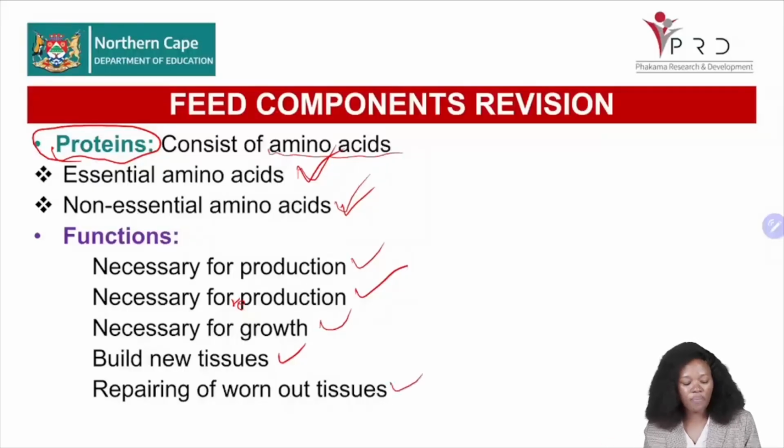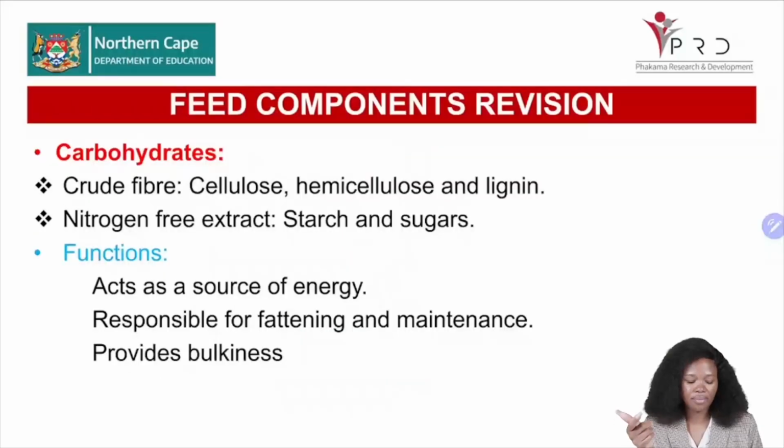And it is also responsible for repairing worn out tissues, especially in animals that are very old. It is there to repair worn out tissues because those tissues are very tired. They've been working, so they need to be repaired. And the only nutrient that repairs is the protein, one of the organic nutrients. Right?